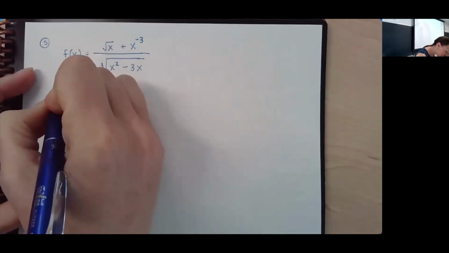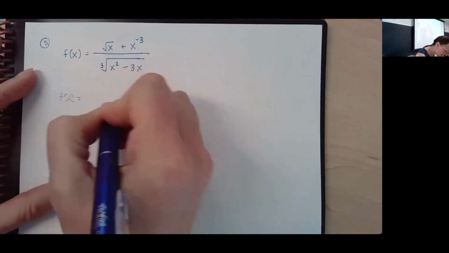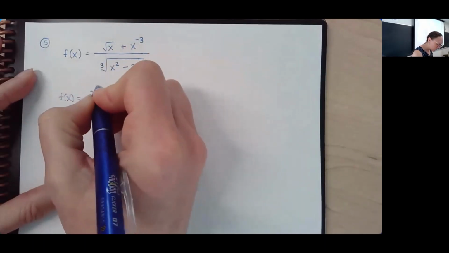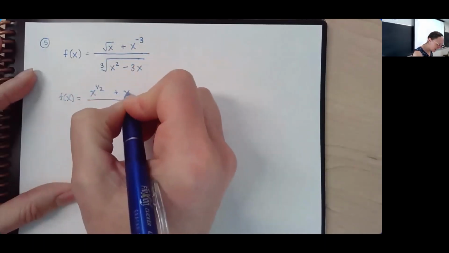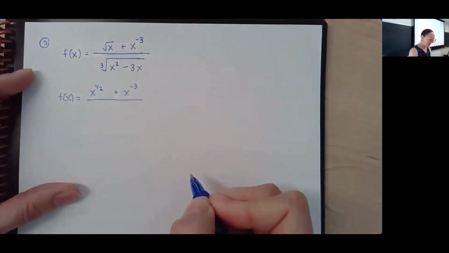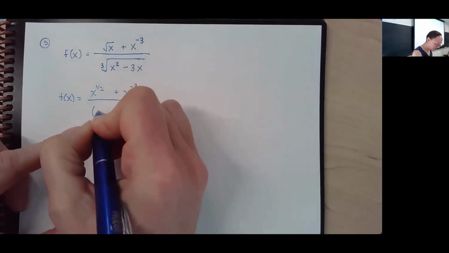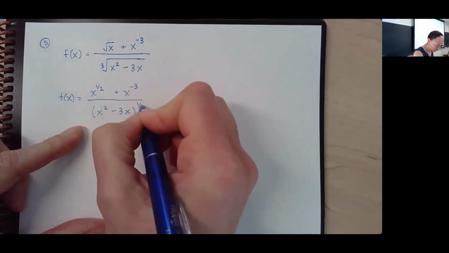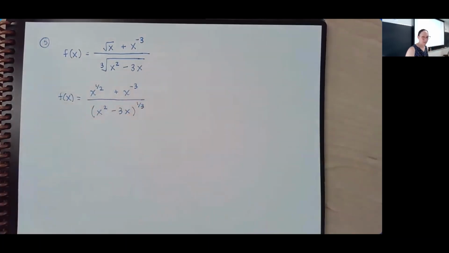So I'm not going to take a derivative yet. I'm just going to write this so that my numerator is x to the 1/2 plus x to the negative 3rd. And my denominator is going to be x squared minus 3x whole thing to the 1/3 power.